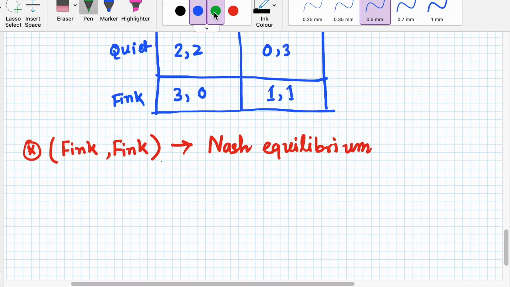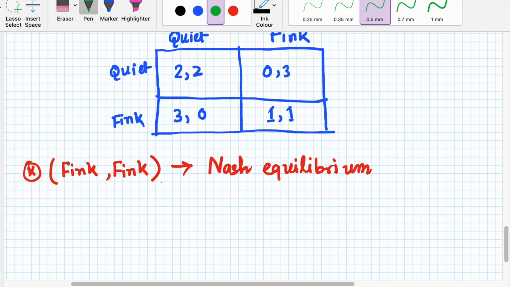Player 1 has two actions, fink or quiet.